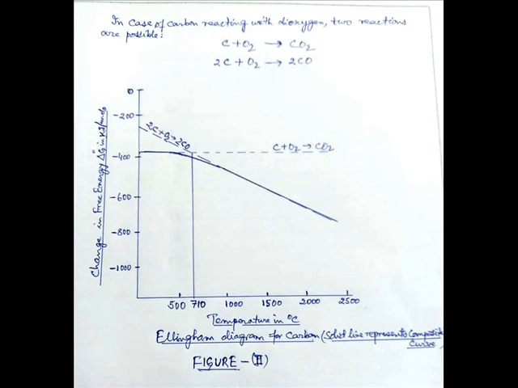But above 710, the formation of CO is preferable because free energy sharply decreases above 700 in the formation of CO. Thus, in principle, carbon would be used to reduce any metal oxide if a sufficiently high temperature were used.